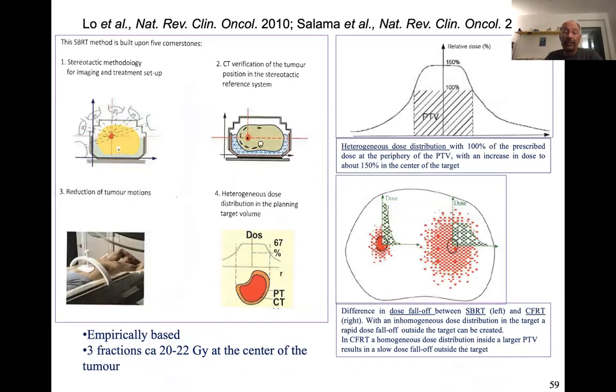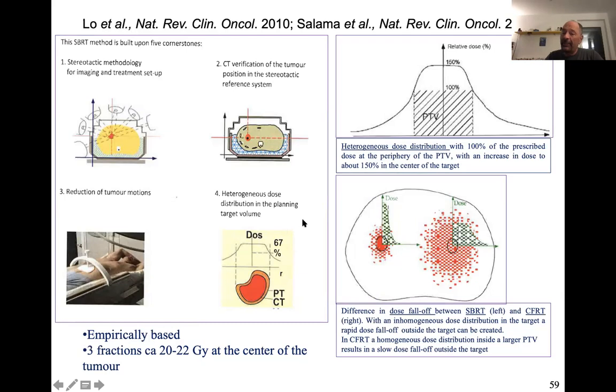And for stereotactic radiotherapy, of course, you must have systems like tomotherapy or VMAT, or CyberKnife, you have to rotate about the patient. Imaging is essential. And motion has to be compensated as much as possible, for example, with abdominal compression.